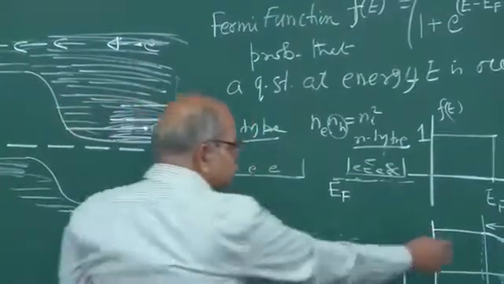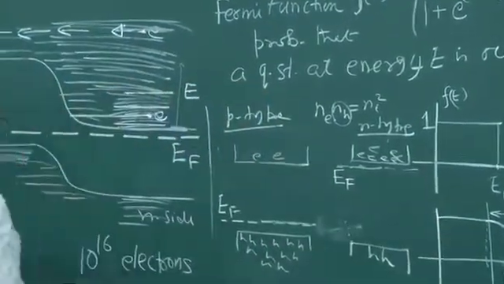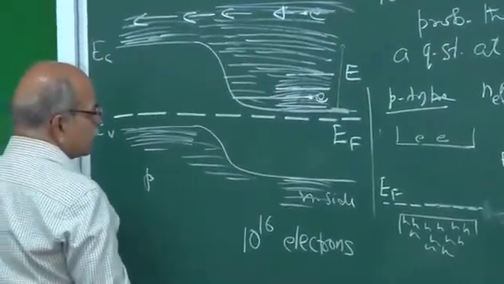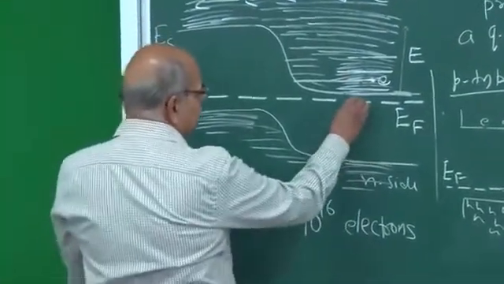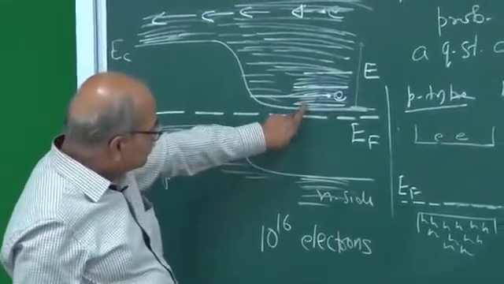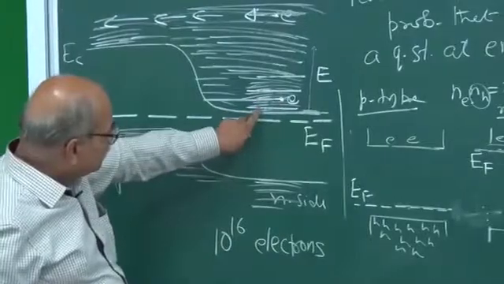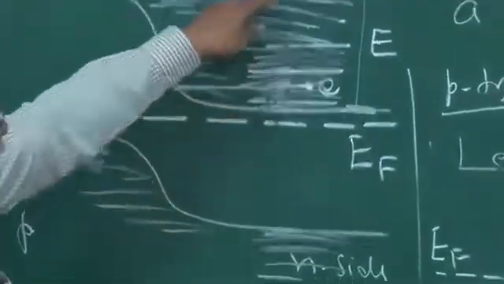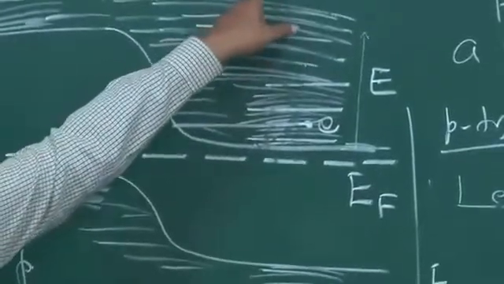As this function shows, if this is EF, then the occupation of these states will be large. As you go away from EF, the probability will decrease.